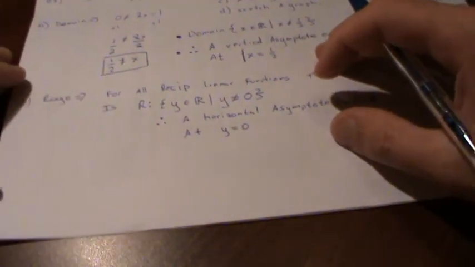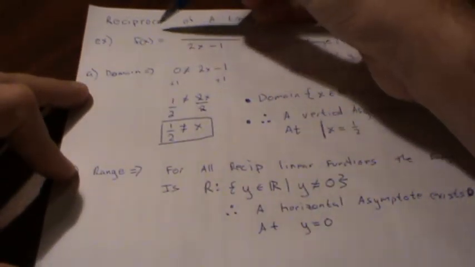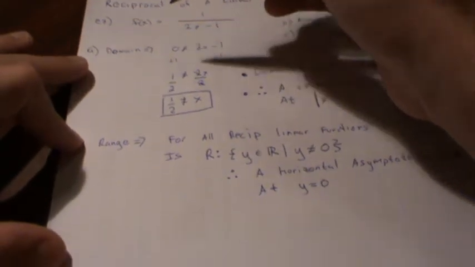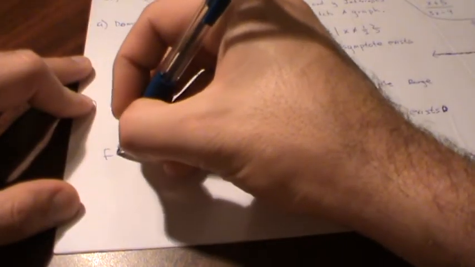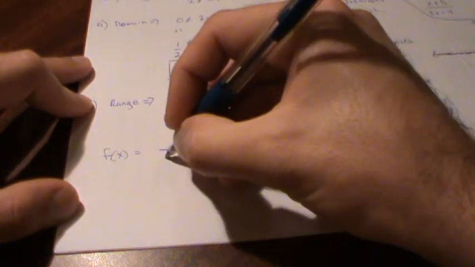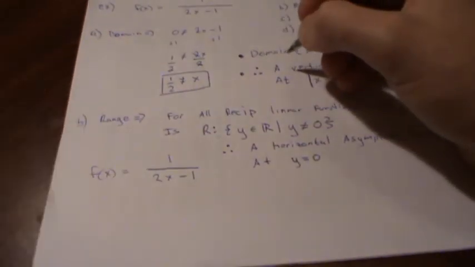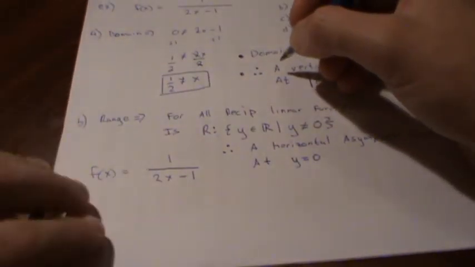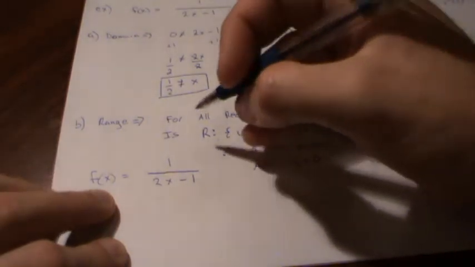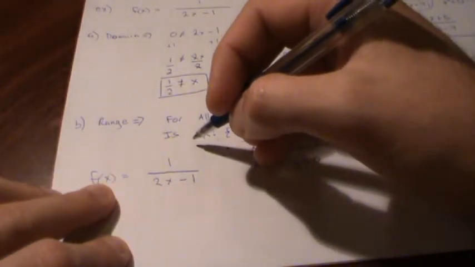Now, why is this true? Let's scrutinize this function a little bit. If I look at f of x is equal to 1 over 2x minus 1, and I ask myself, what possible answers can I get out of here?